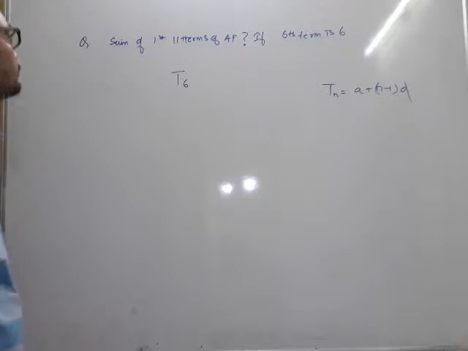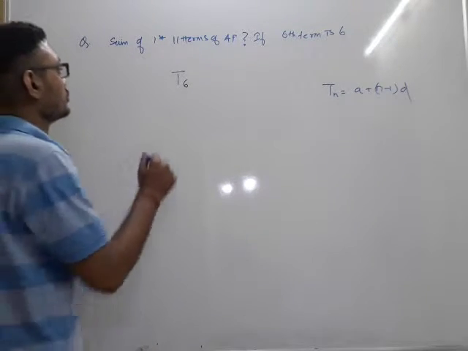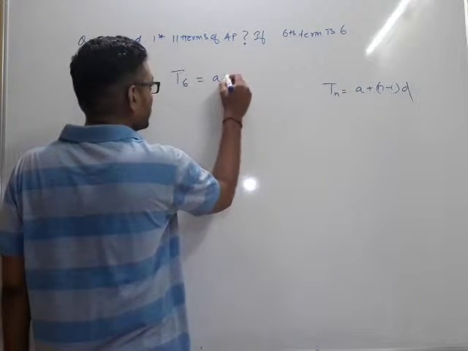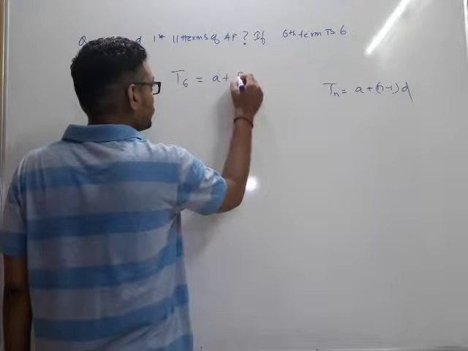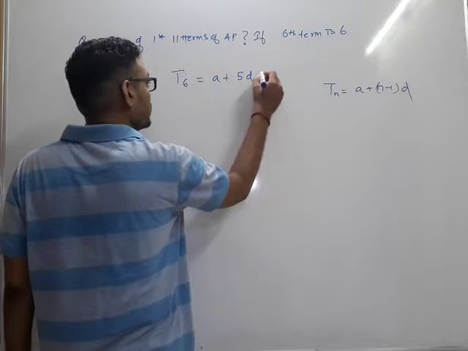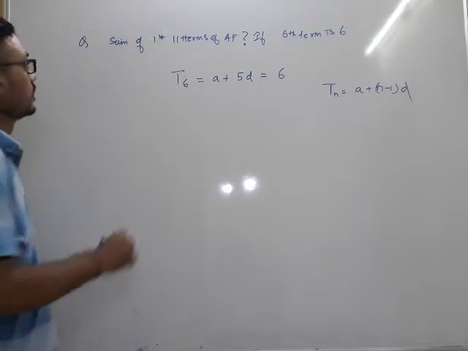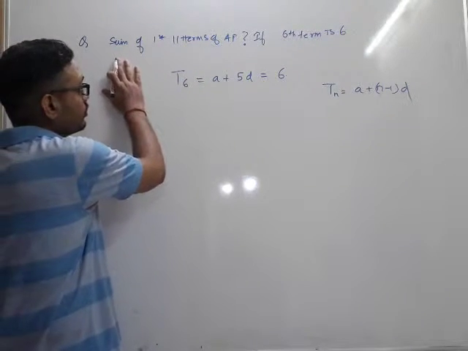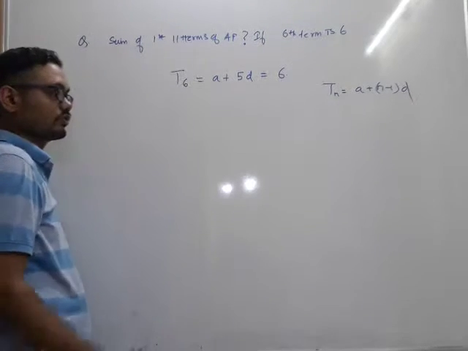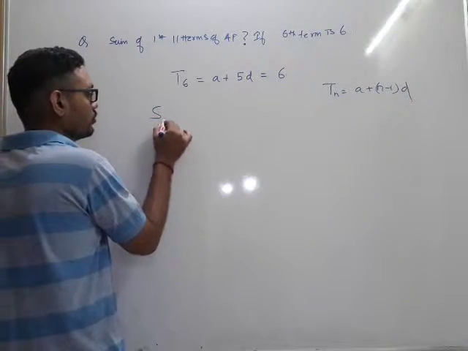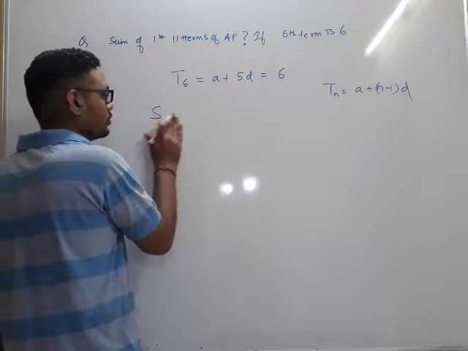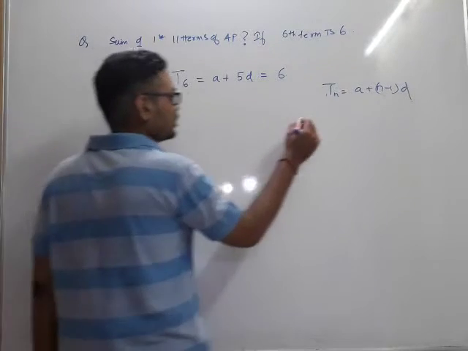Okay, so a plus n minus 1 into d, 5 into d, is given as 6. Now they want to know the sum of the first 11 terms of the AP. So what was the formula for Sn?